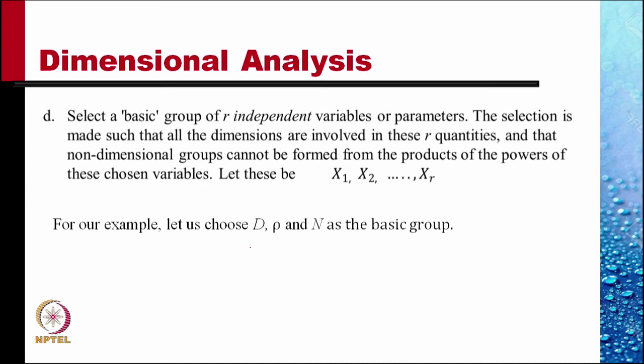The dimension of length is contained in D and rho. The dimension of mass is contained only in rho, and the dimension of time is contained only in N. All 3 dimensions are represented, and we cannot form a non-dimensional group out of these parameters.